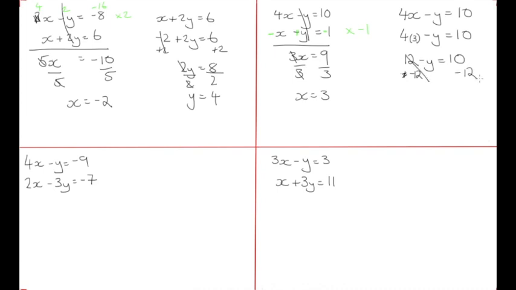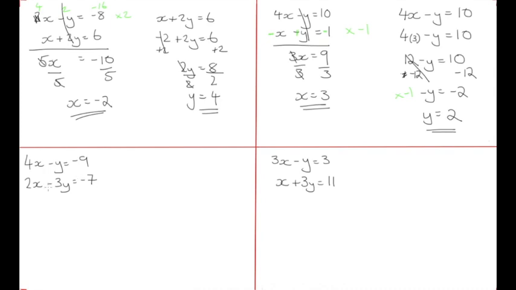So they cancel, and then you're left with minus y is equal to minus 2. Now we don't want to know what minus y is, we want to know what plus y is. So in order to find that out, I will multiply both sides by minus 1. And when I multiply both sides by minus 1, I end up getting y is equal to 2. So I have what x is, and I have what y is. And over here, I'll just underline that.